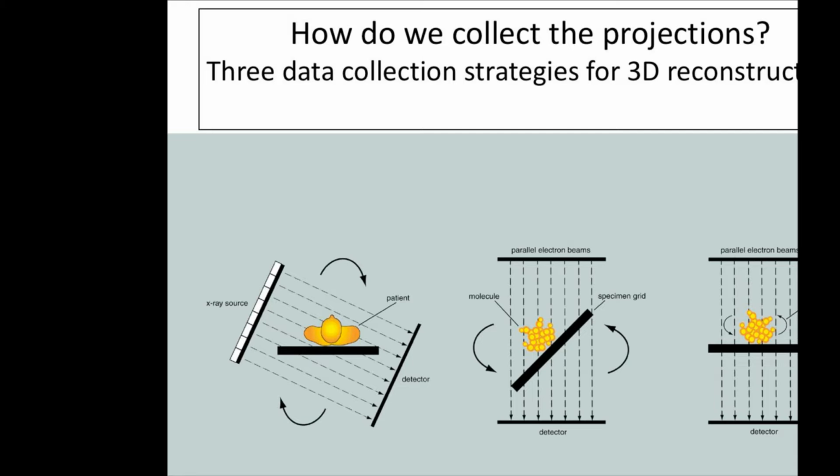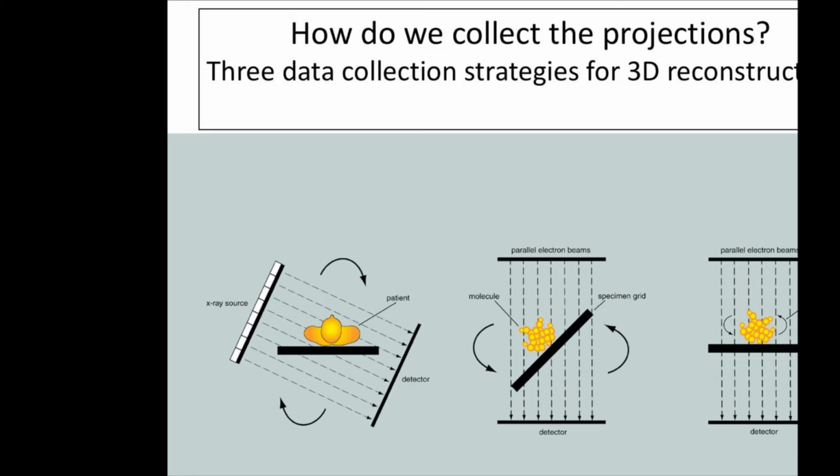Electron tomography is exactly equivalent, except that the molecule is now rotated in steps, and the electron beam detector arrangement is stationary.